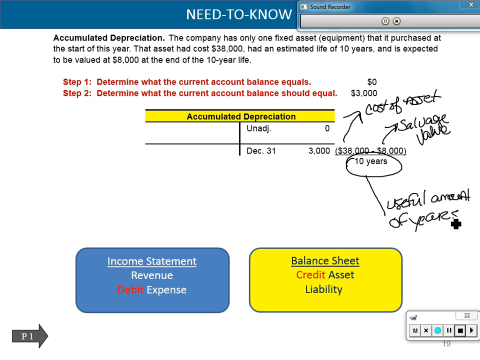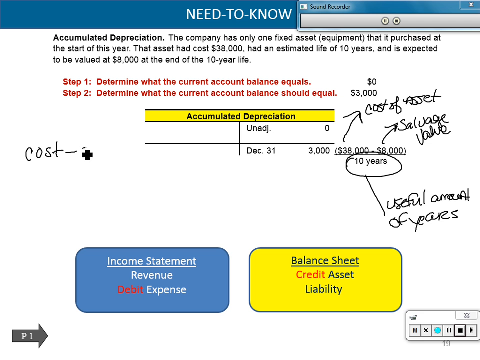Now, we do this formula every time we're trying to determine what depreciation is. So once you do this, this is how we got to the $3,000. Cost minus salvage divided by useful years.